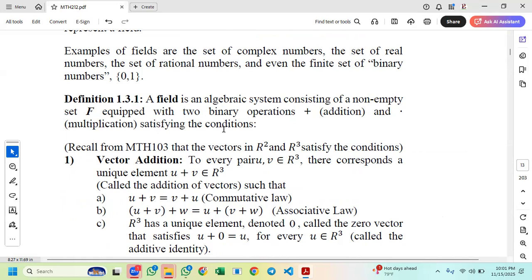There are conditions that make a space a space. It means any operation carried out on a space must not give you a number outside the space.